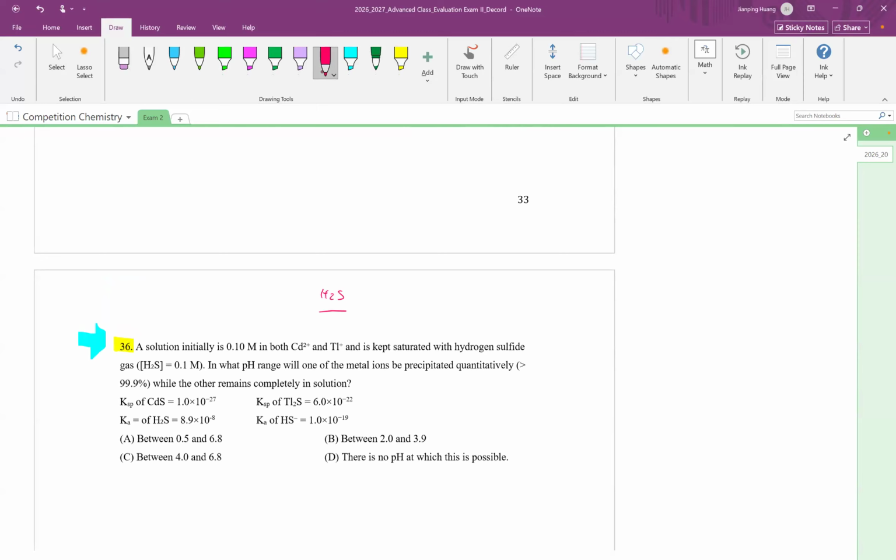Then I'm going to identify. Although it's very toxic, it smells so bad. Right? As we know, in the aqueous solution, the saturated H2S should be equal to 0.1 M. That you should remember. This question is classical, like a Chinese question, because when I was in college, we did it all the time.